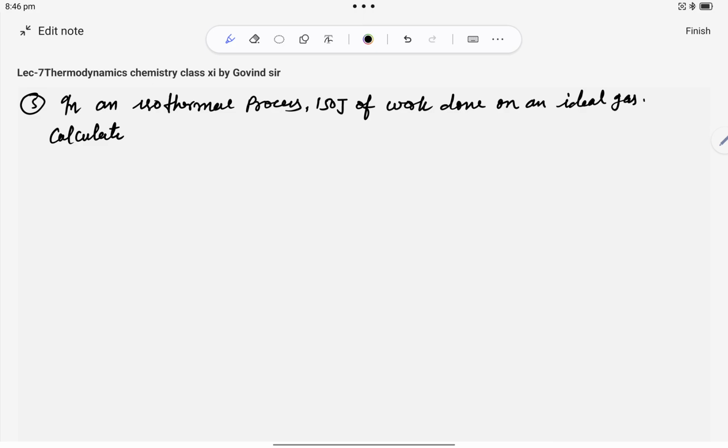Calculate Q and delta U. Again, same type, very simple.